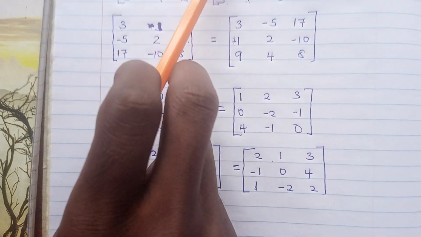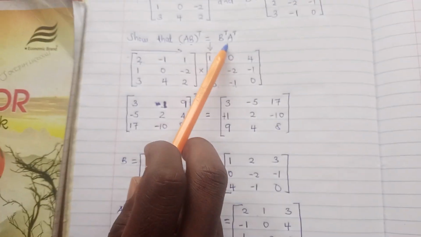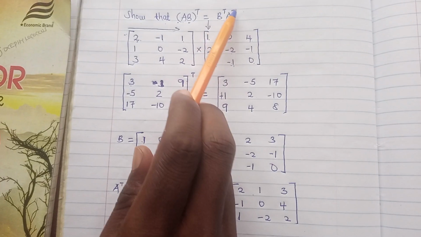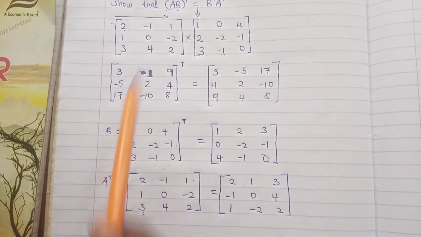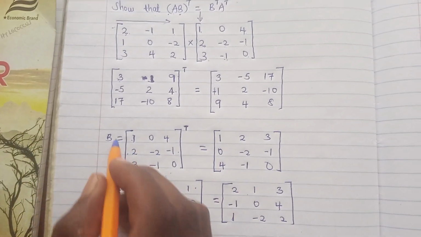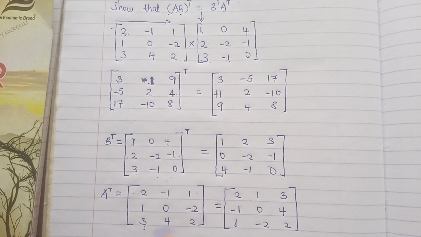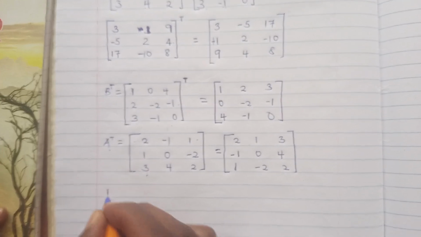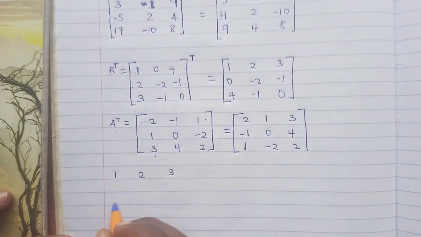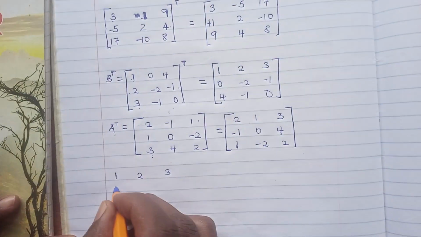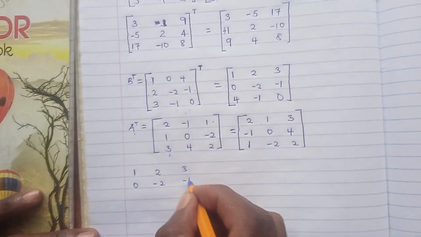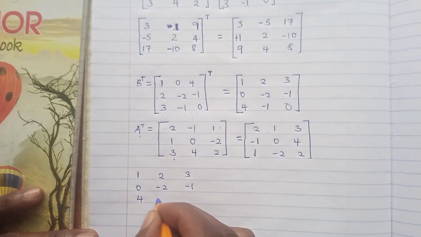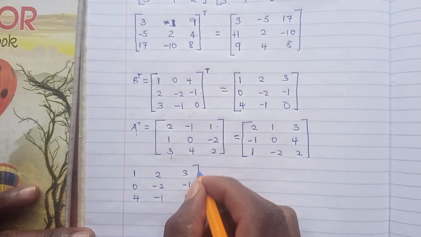But here we are supposed to multiply them. The transpose of B times the transpose of A. So our B transpose is this one, and our A transpose is this one. So let us multiply them. It is 1, 2, 3, 0, -2, -1, 4, -1, 0.